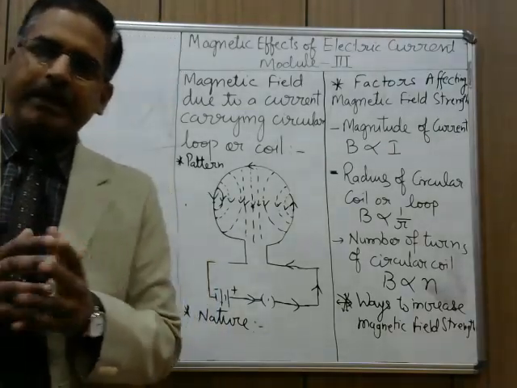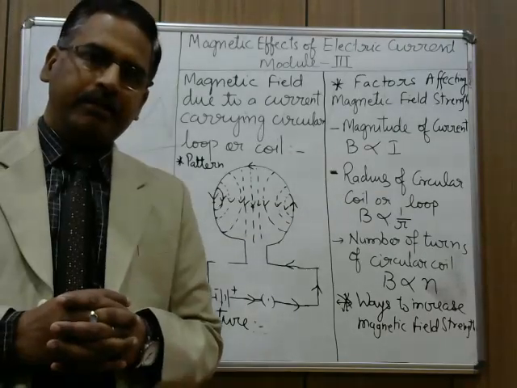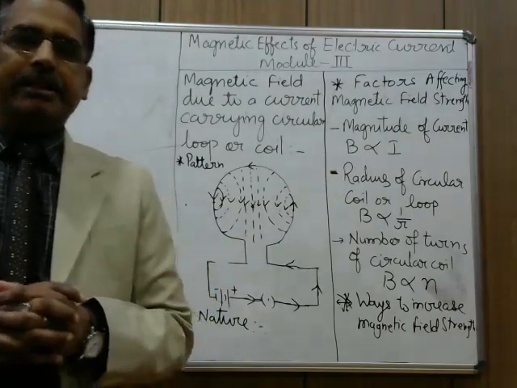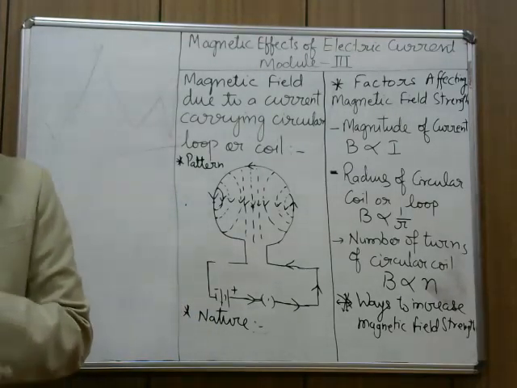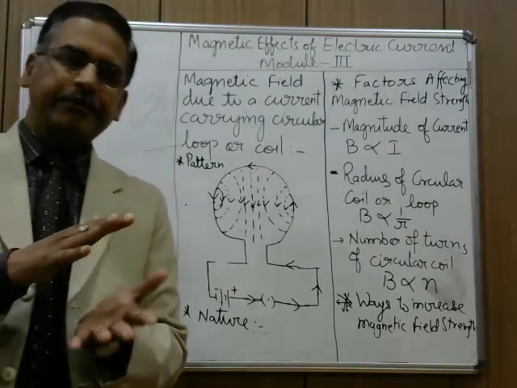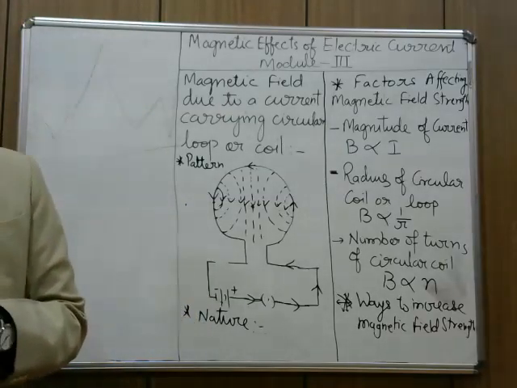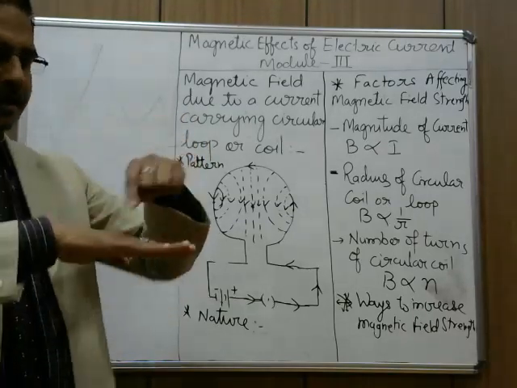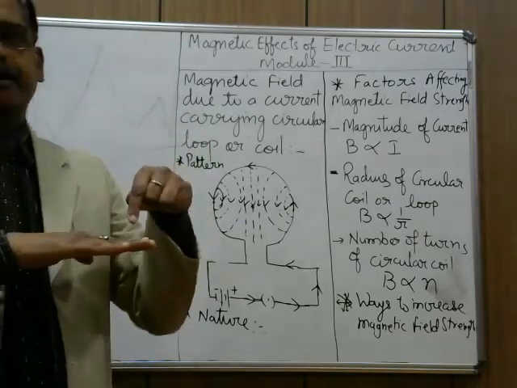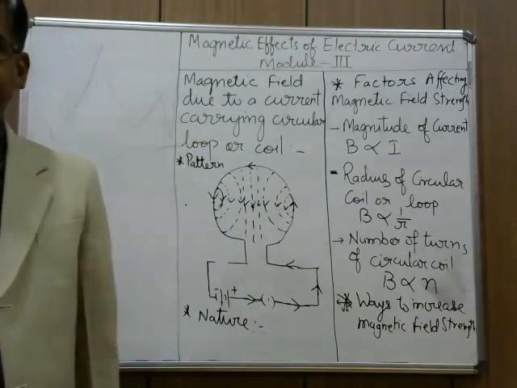The direction of magnetic field produced by a current carrying circular coil can be changed by changing the direction of current in the circular coil. And an important thing, the magnetic field lines are in a plane perpendicular to the plane of the circular loop. If the circular loop is in this plane, then the magnetic field lines are in this plane. They are perpendicular to each other.